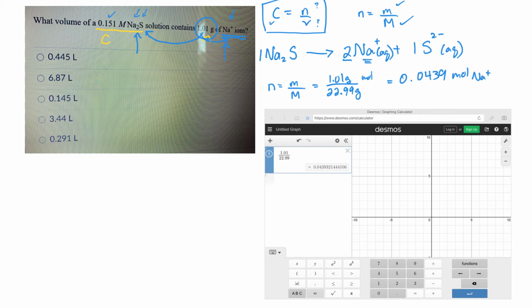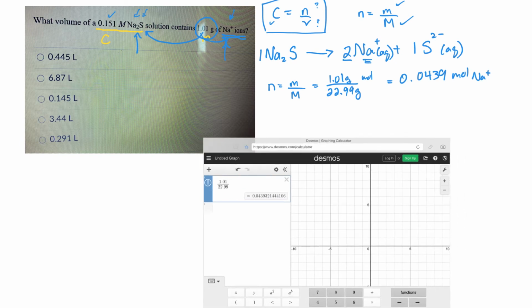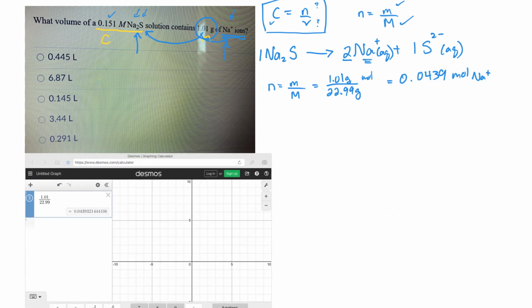Now here's where it gets into a ratio kind of thing, where for every 1 mole of sodium sulfide I have 2 moles of sodium ions. So actually I'm going to have half the number of moles of this stuff.